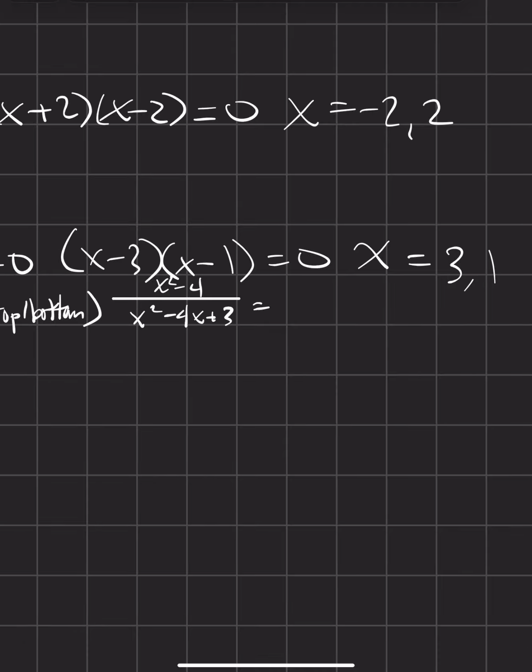What we look at is our highest degree part, which is x squared over x squared, right? So the horizontal asymptote is just going to be at 1. But say there was a coefficient, like 3x squared over x squared, then the horizontal asymptote would be at 3, right?